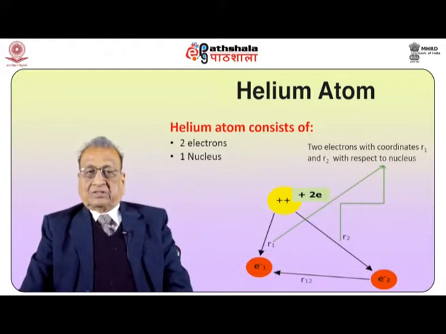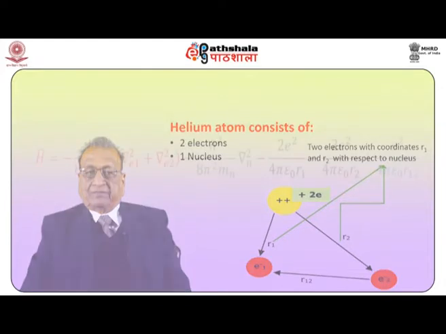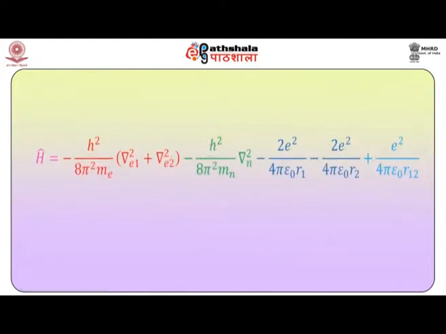The complication in the helium Hamiltonian arises due to repulsion between electron 1 and 2, making the Hamiltonian, which has the kinetic energy part of the 2 electrons, the potential energy of the electrons with the nucleus, and the potential energy of the repulsion between the 2 electrons.